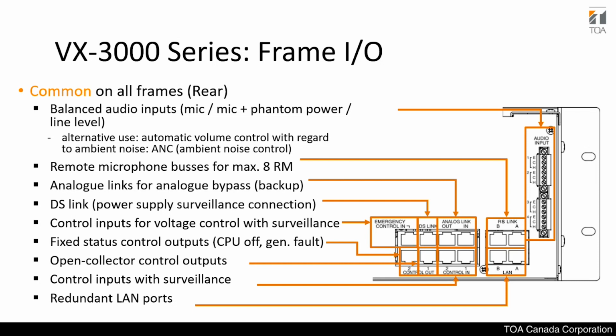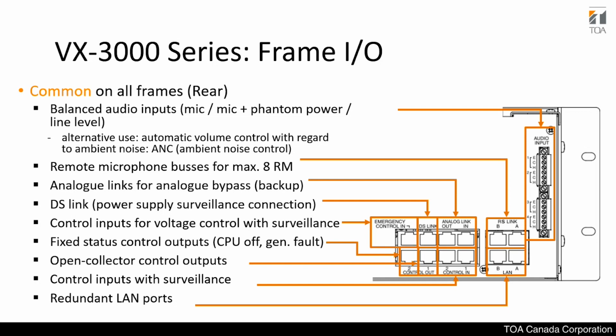Control inputs for the VX3000 are available. You have both emergency control in and the regular control inputs. These are open BJT transistors that you can trigger as inputs. Open sync, I believe.